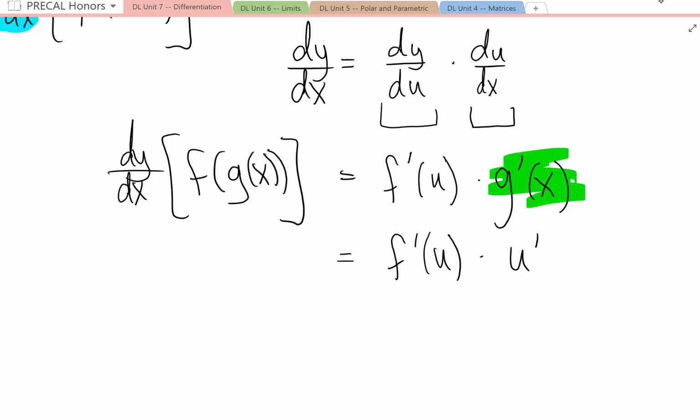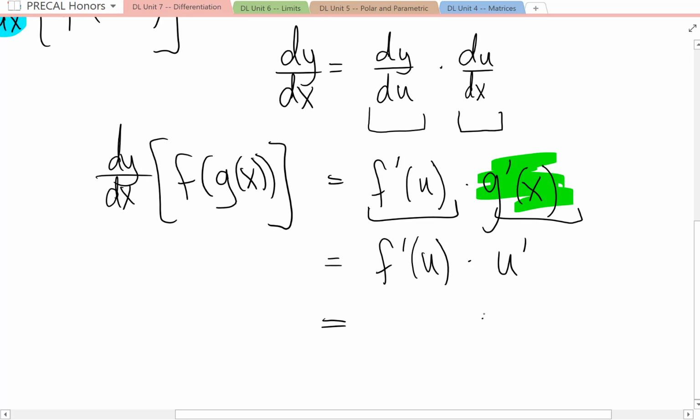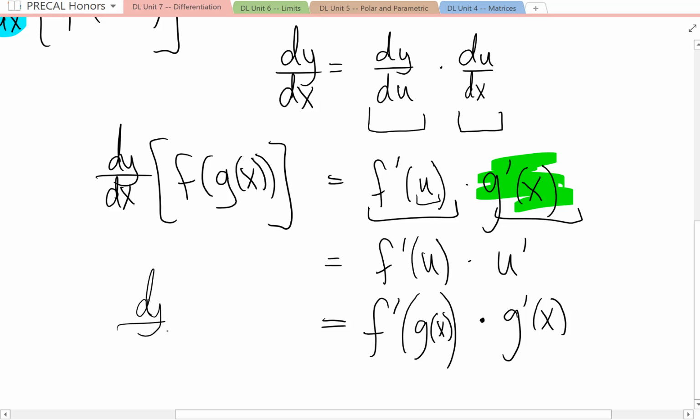Or, which makes more sense, we're actually going to change the one with u written in it. So we'll keep this as multiplied by g prime of x, but we'll substitute g of x into u. So f prime of g of x times g prime of x. That would be how we find the derivative of the composition f of g of x.